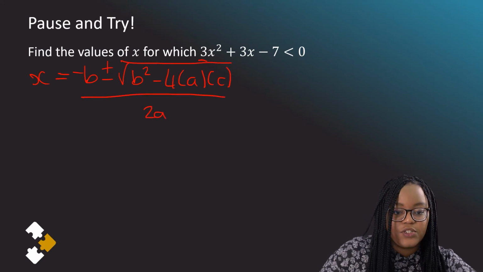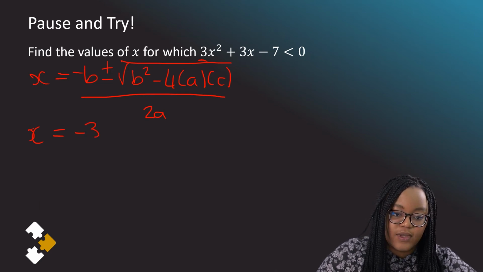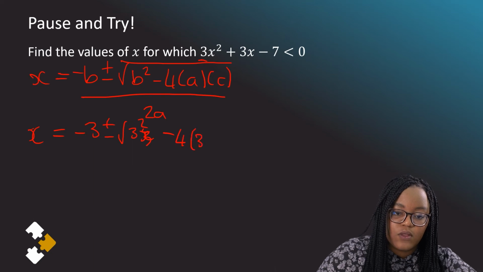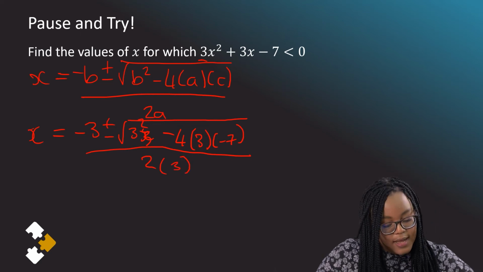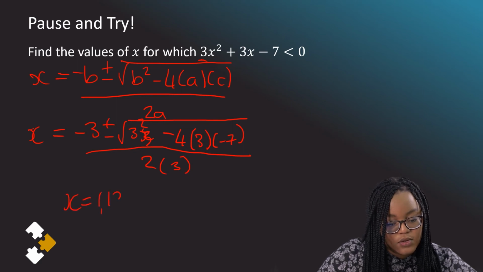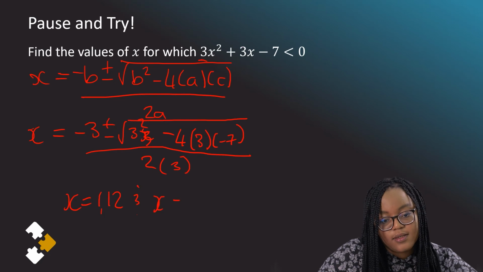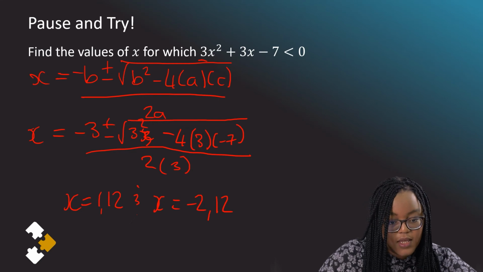Plugging our equation into this formula, we get negative 3 plus or minus the root of 3 squared minus 4 times 3 times negative 7, all over 2 multiplied by 3. And our two values are x is equal to 1.1 and x is equal to negative 2.1. Okay, let's keep these values in mind whilst we draw our number line.